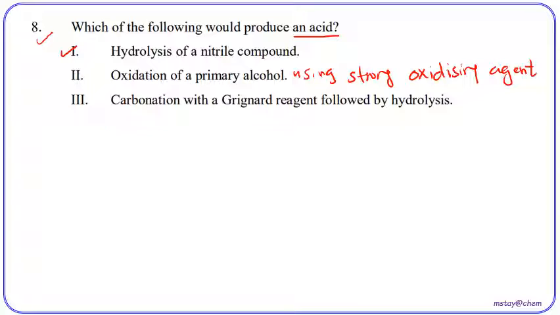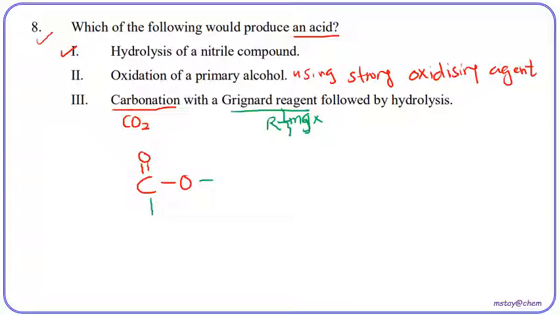And then the next one, carbonation with Grignard reagent followed by hydrolysis. The carbonation here means reacting with carbon dioxide. Basically, if there is carbon dioxide, one of the double bonds will break and form two new single bonds. For the Grignard reagent, the bond will break between the R and Mg.